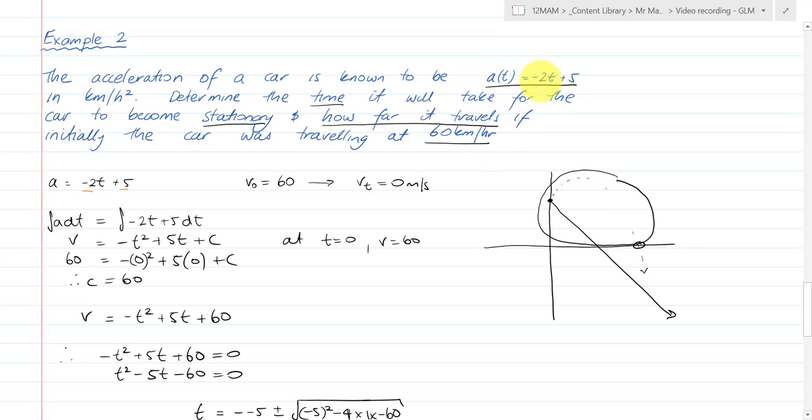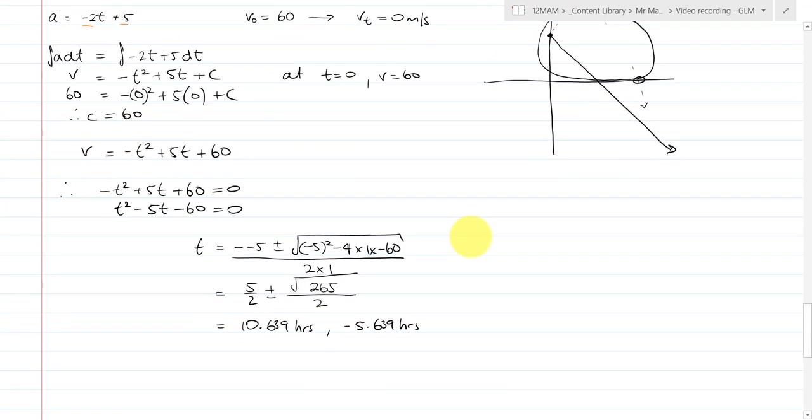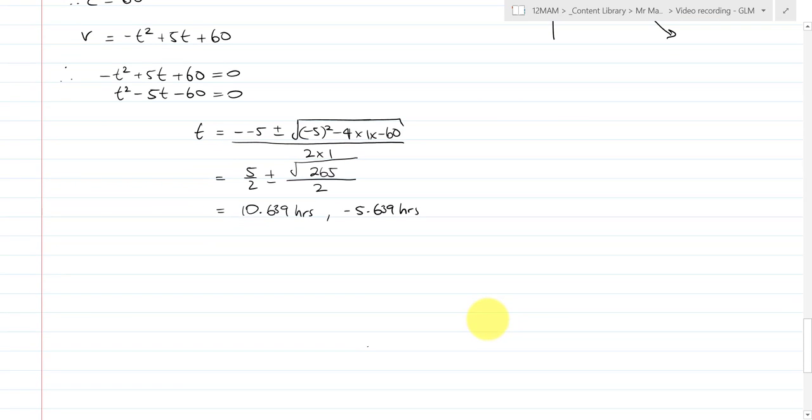Remember, our time is in hours at negative 2t plus 5. So it starts accelerating at 5 kilometers per hour, and then after an hour it's accelerating at 3 kilometers per hour. So it is changing quite slowly. So this car is on the road for 10.64 hours straight. So it's a little bit unrealistic in that sense, but let's move forward, shall we?